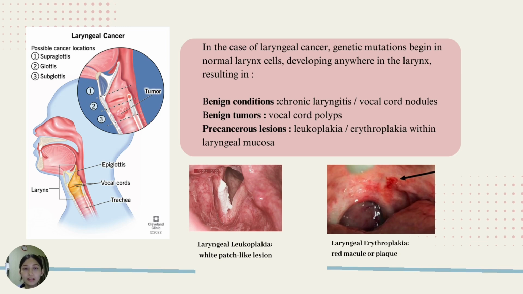organ. However, in some cases, this mutation can also lead to precancerous lesions such as leukoplakia, which is a white patch-like lesion. You can look at the diagram down there, on the left side. Or erythroplakia, which is a red macule or plaque within the laryngeal mucosa.